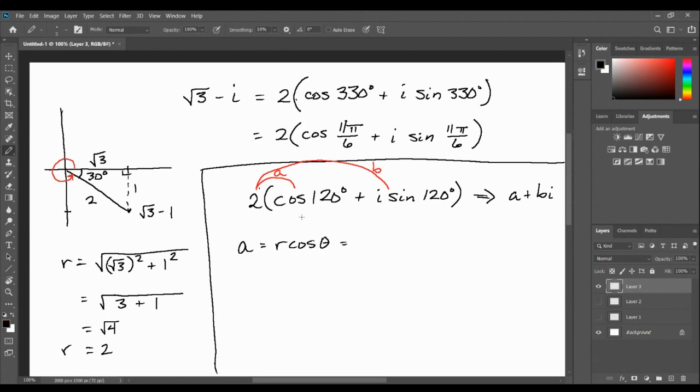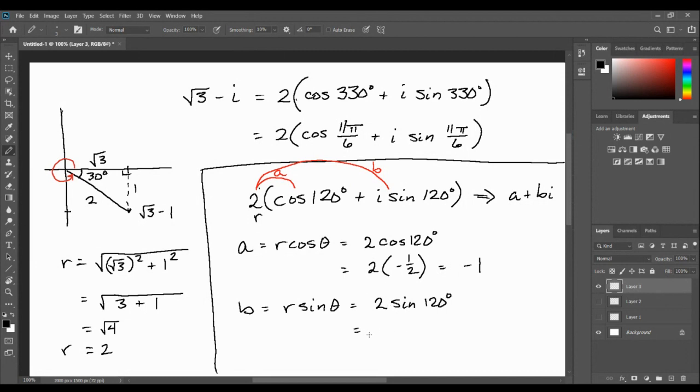So this is the r. Here's cosine theta, so I've got 2 cosine 120. Well, the cosine of 120 is negative 1/2. 2 times negative 1/2 is negative 1. So that's a. b is r sine theta, which is 2 sine 120.